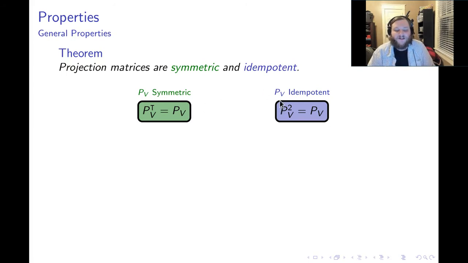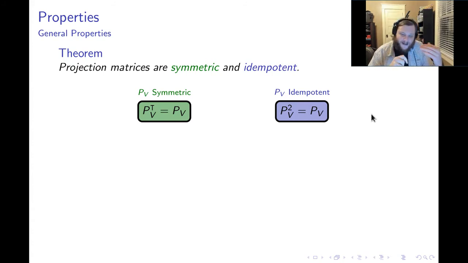Our new adjective here is this adjective idempotent. To say that a matrix is idempotent is to say that the square of that matrix equals itself. So every projection matrix is idempotent, meaning that the square of that projection matrix equals itself. I like to think about this idempotent property geometrically.